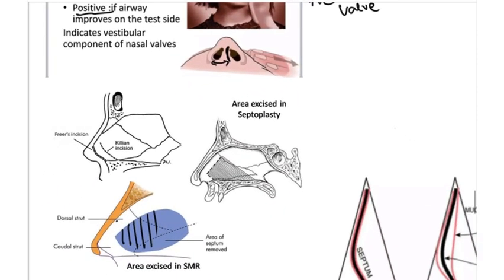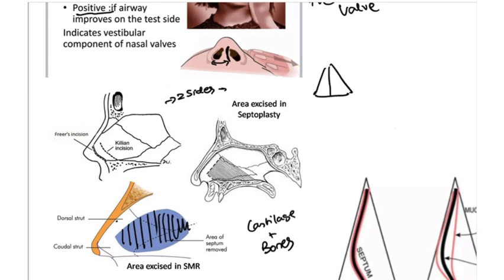Why is SMR not that good? Because first we will do incision on two sides, we'll take out the mucoperichondrial and mucoperiosteal flaps, and then the entire part which is damaged, the cartilage and the bones, we'll take it out and then we will put back the flaps. Our nose is supported by this cartilage. Now if we take out this cartilage it will lead to depression. So we go for septoplasty.